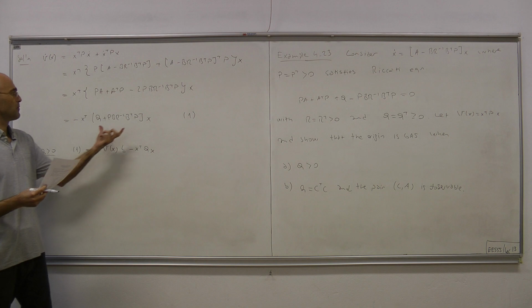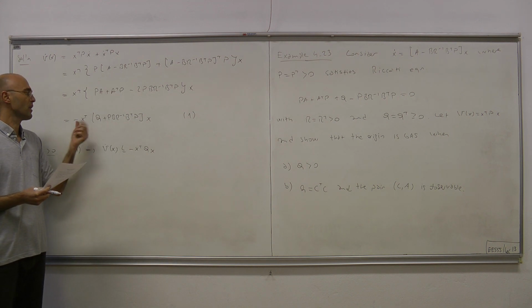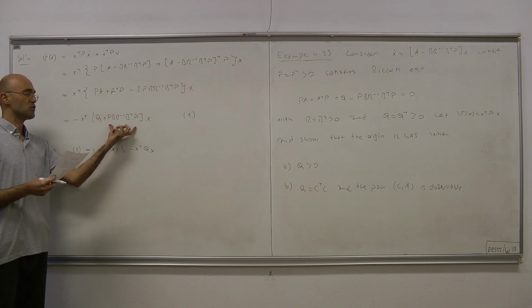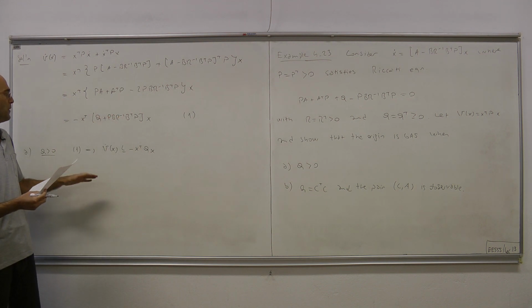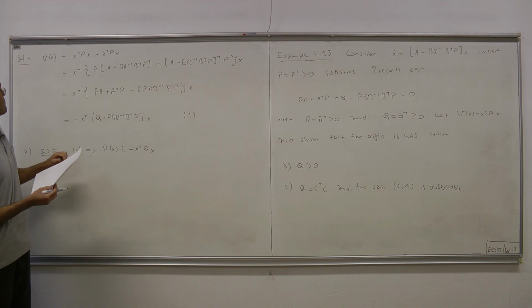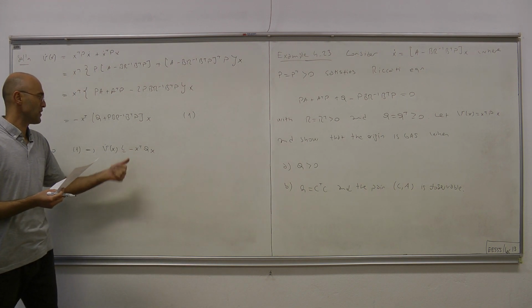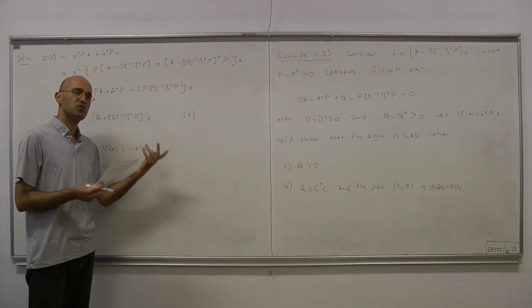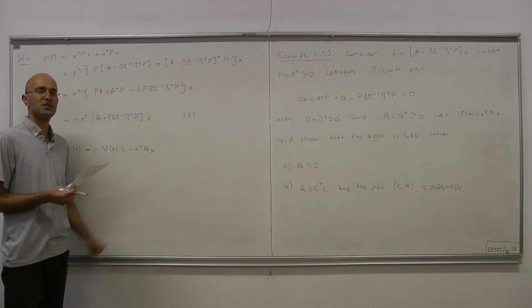Because the other term is a positive semi-definite matrix, and here we have a minus sign in front. Therefore, this term will never be positive, and we can take it out too, and we're left with this. Right, so V dot is always less than or equal to minus x transpose Qx. Q being a positive definite matrix means V dot is negative definite because of this minus sign here.